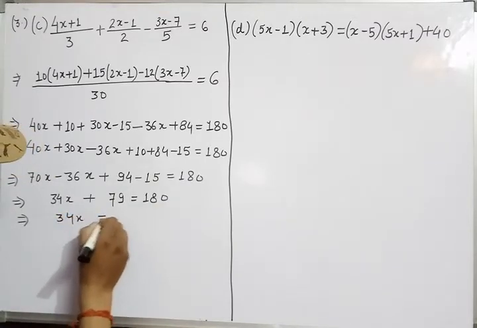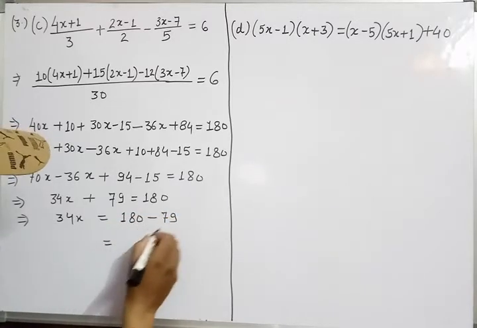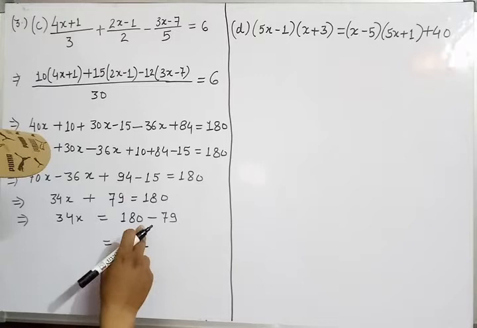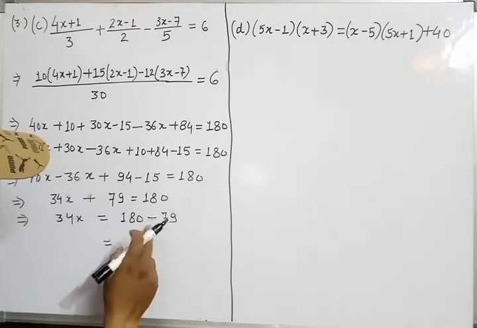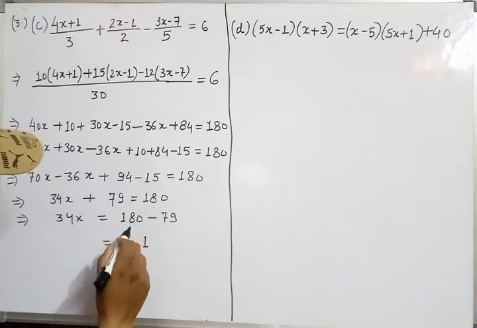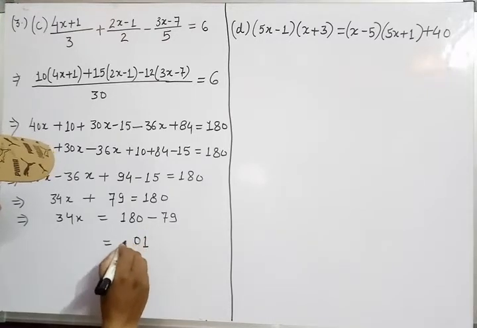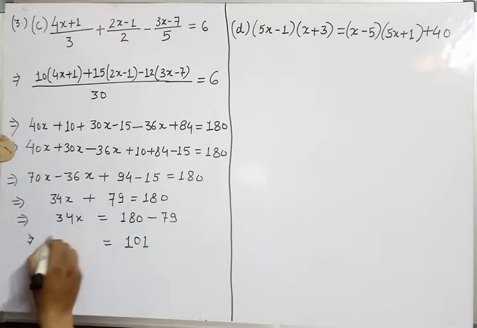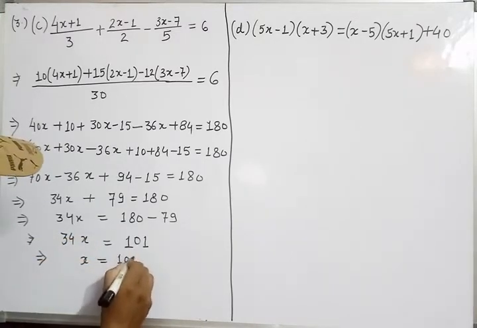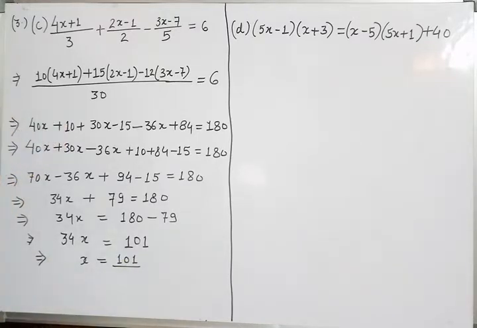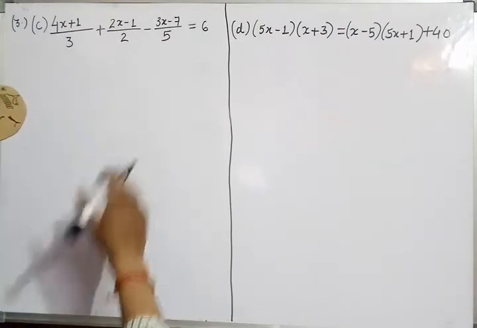So we can write 34x is equal to 180 minus 79, then we will get 101. So 34x, then x is equal to 101 upon 34. Now student, there is a lot of mistake I have found.